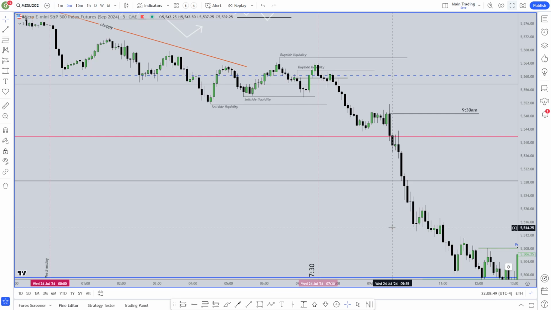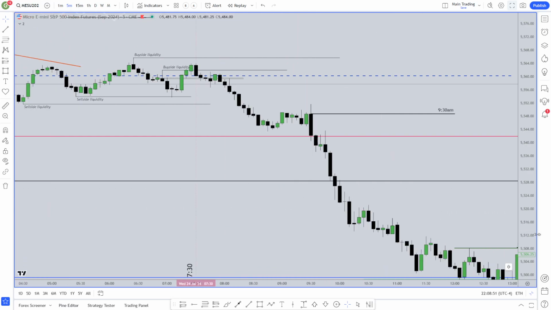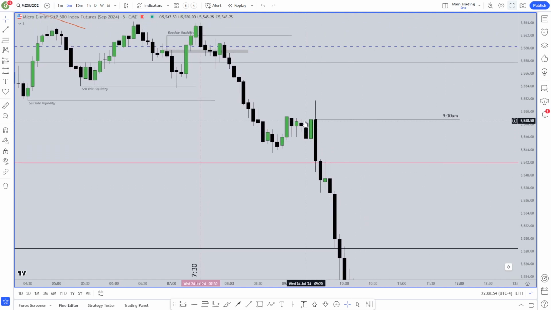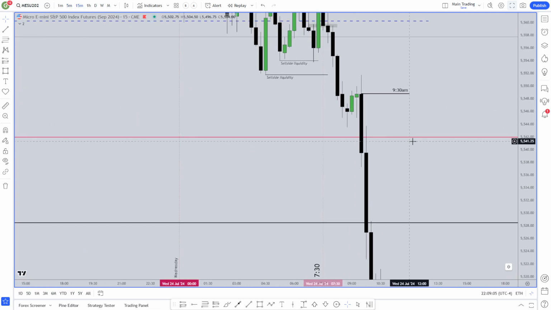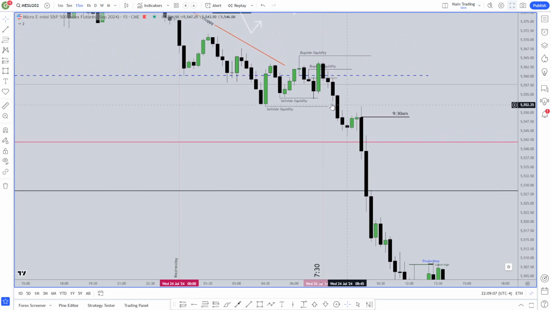That's the biggest challenge. Alright, easiest one to mark out here, 2022 model. We have a high taken, 9:30 open, very bearish shift, fair value gap left, nice and easy. Let's go up to the 15-minute time frame. We're also going to scan through this consolidation here.